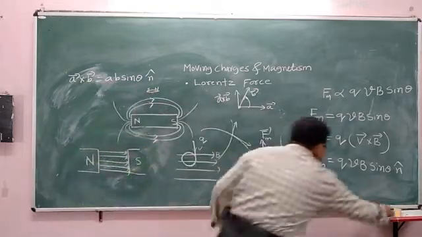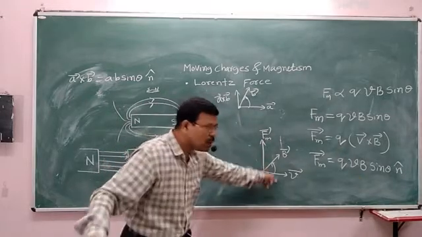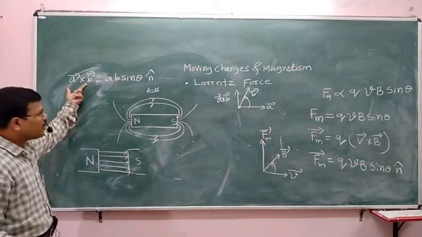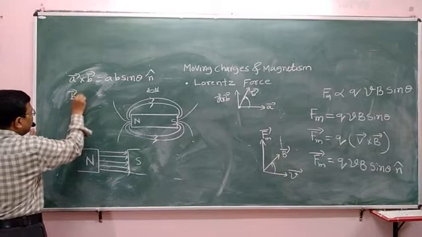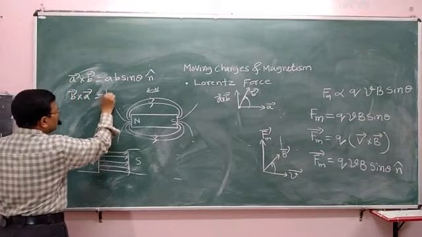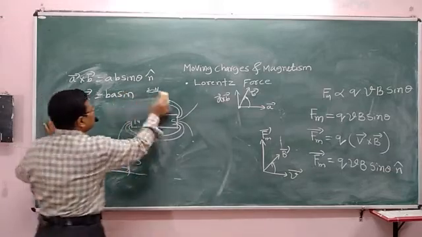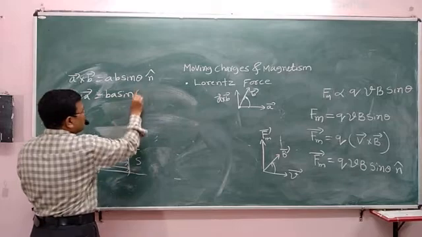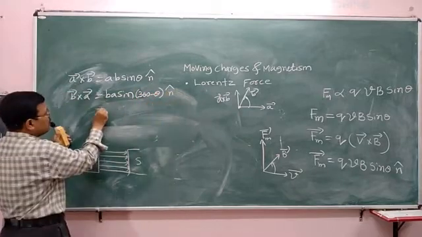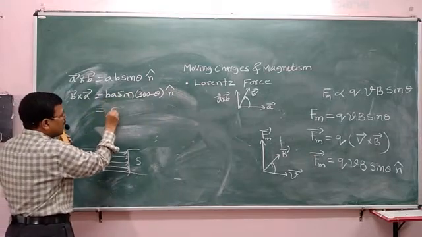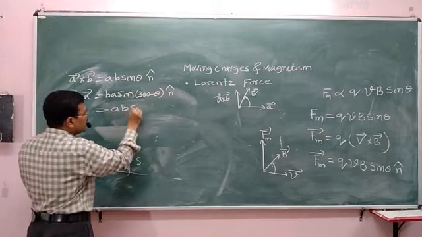Suppose we take B cross A. Just like here, we learned A cross B equal to AB sin theta, B cross A is equal to BA sin of 360 minus theta n cap. So this will be equal to AB, and sin of 360 minus theta is minus sin theta.